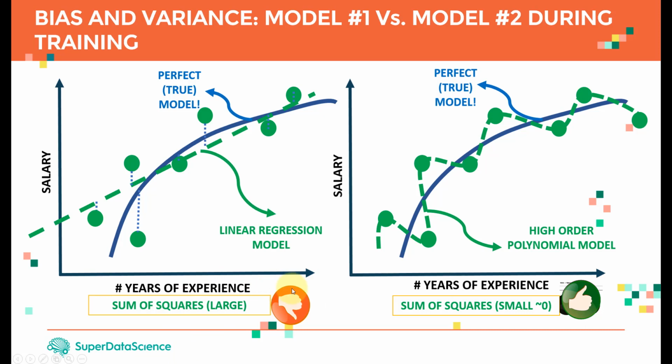By comparing these two, obviously Model 2 looks great. For Model 2, the sum of squares is actually very small. If you recall, when we wanted to assess the performance of the model, we calculate the residuals. We calculate the difference between each of the data points and the model. Here we calculate the error signal between the actual point and the model, here too, and here as well.